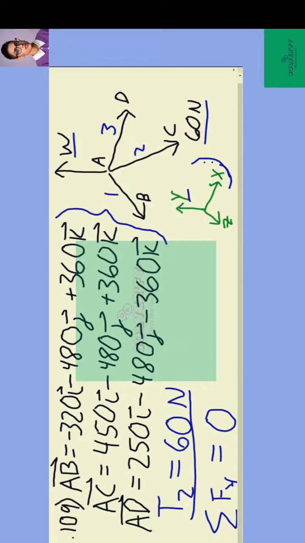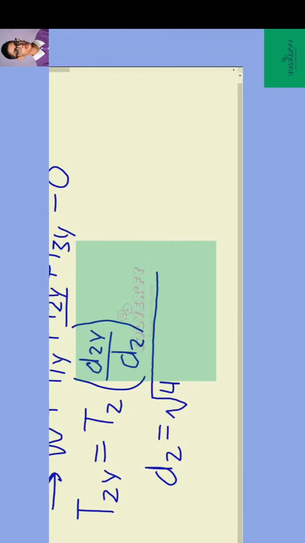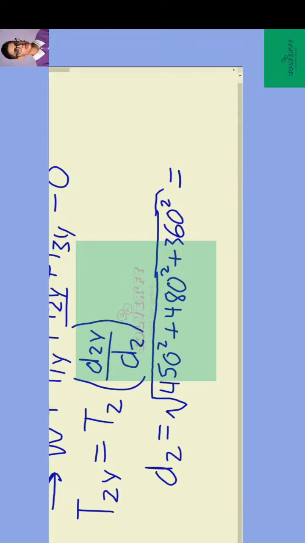We use each of the three dimensions of the cable. So for the x dimension, we have 450 millimeters, the y dimension 480, and the z dimension of 360. So we take the square root of 450 squared plus 480 squared plus 360 squared. That gives us a total length of 750 millimeters.